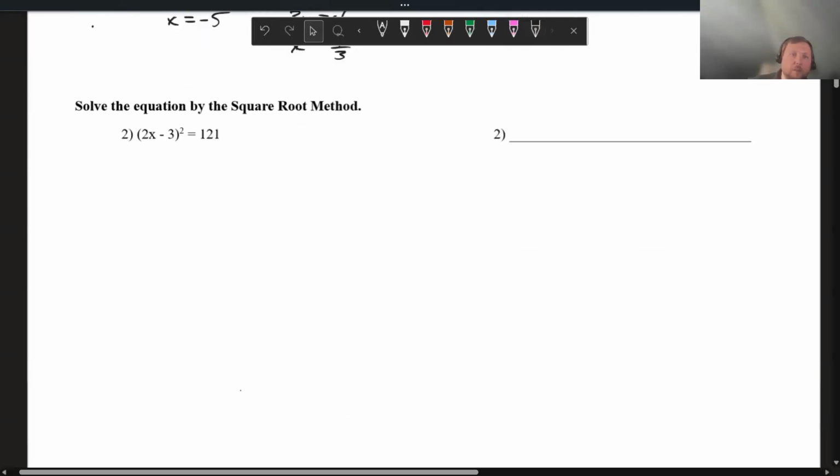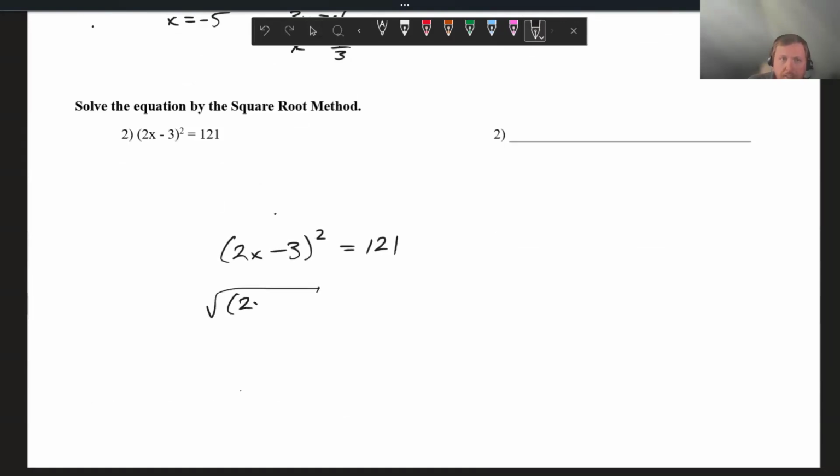Okay, solve the equation by the square root method. So I have the quantity of 2x minus 3 squared is equal to 121. I'm going to take the square root of each side.